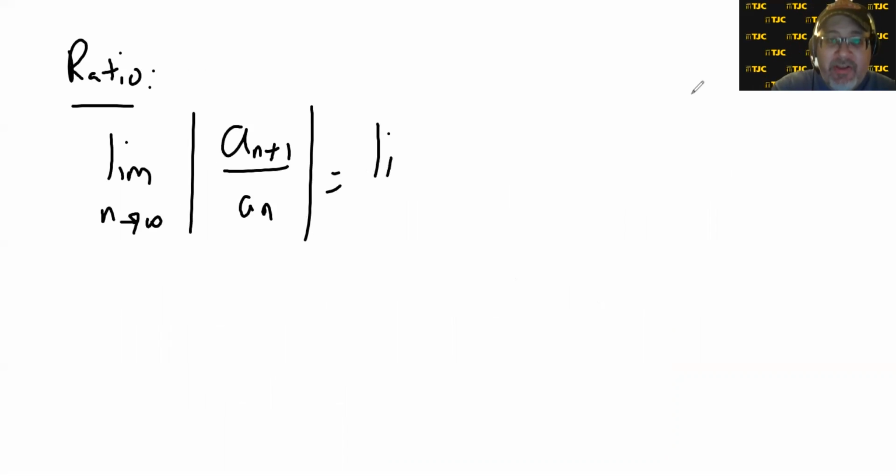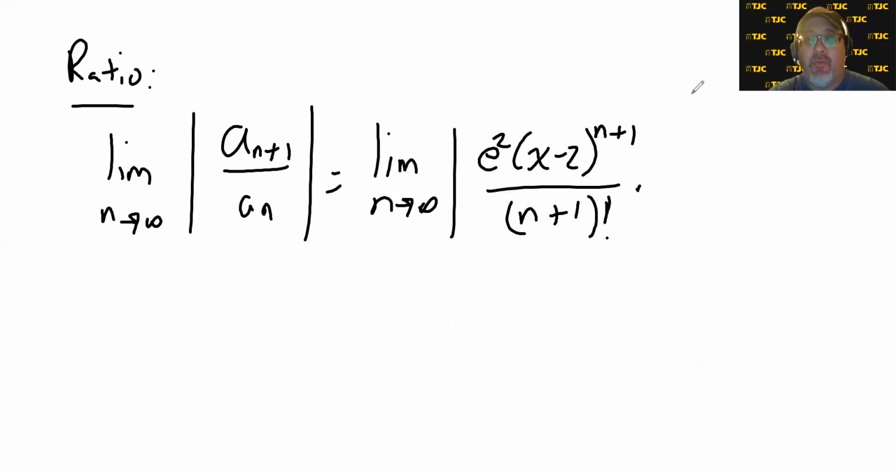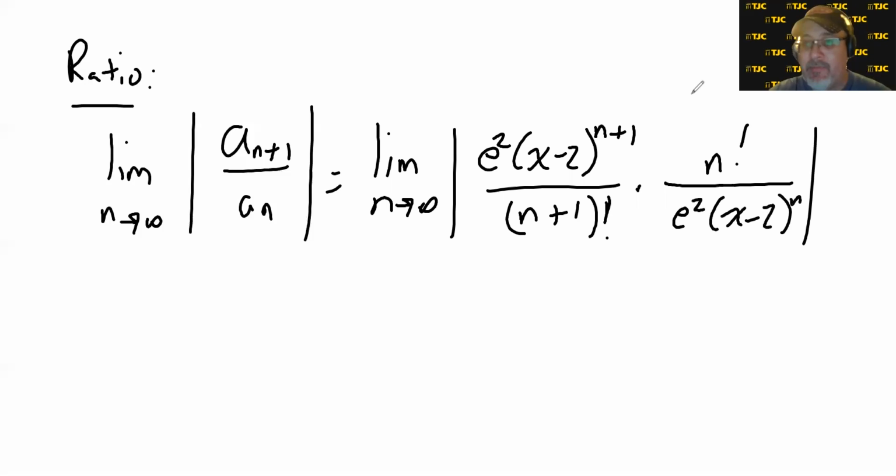So the limit as n approaches infinity of the n plus first term: we put n plus 1 in and we get e squared times x minus 2 to the n plus 1 over n plus 1 factorial. And then to divide by the nth term, we'll multiply by its reciprocal, n factorial over e squared times x minus 2 to the nth power.